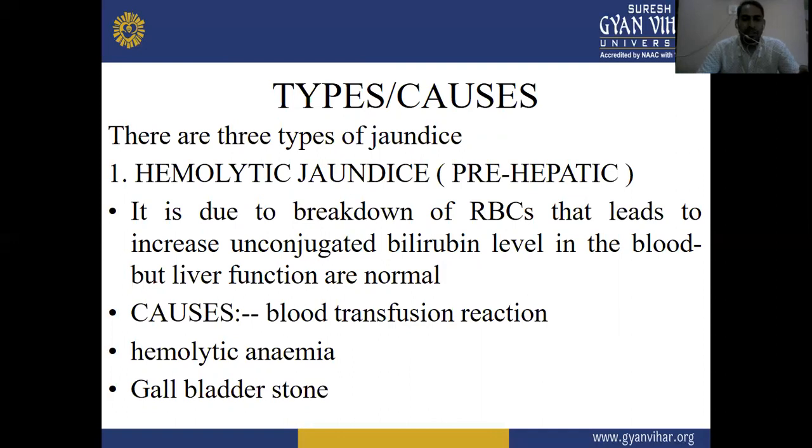Hemolytic jaundice is also called prehepatic jaundice. It is due to breakdown of RBC that leads to increased unconjugated bilirubin level in the blood, but liver functions are normal.